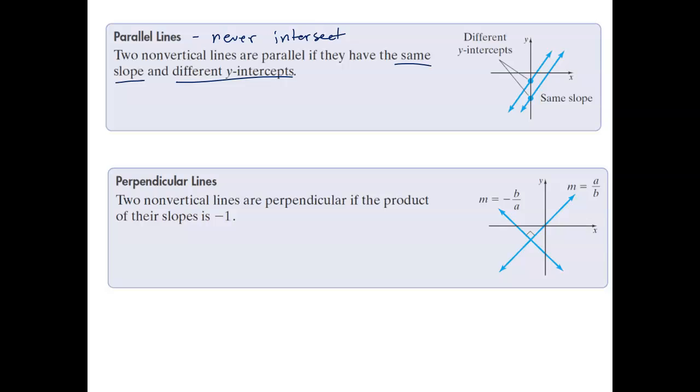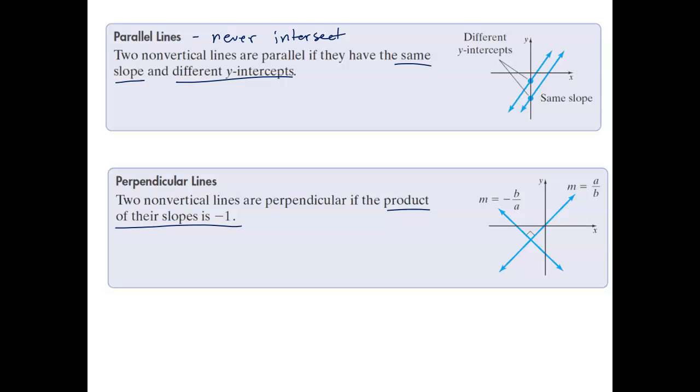Perpendicular lines always form a right angle when they intersect. When we're looking at the equation of perpendicular lines, what we're trying to do is determine if the product of their slopes is negative 1. If we look at the slope of both lines and multiply those together, and we get a product of negative 1, then that means those lines are perpendicular.